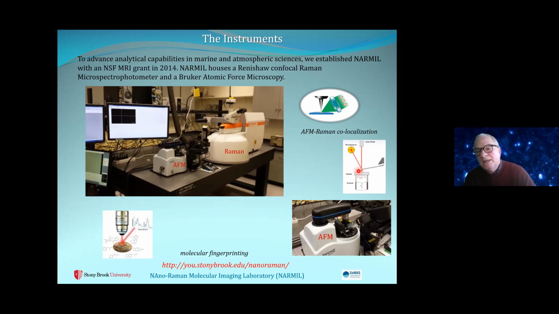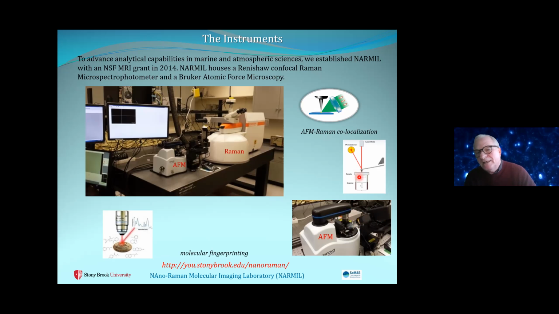So we can resolve things down to on the order of 20 to 30 nanometers on a surface using our atomic force microscope. That's well beyond what I'm going to be talking about today, though.